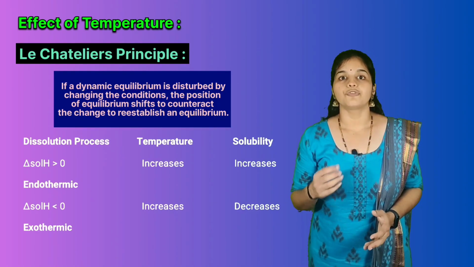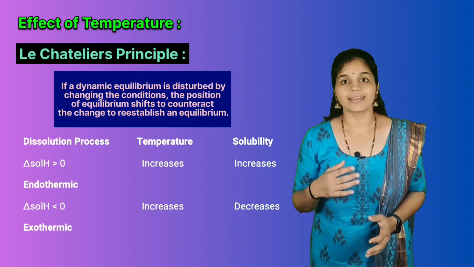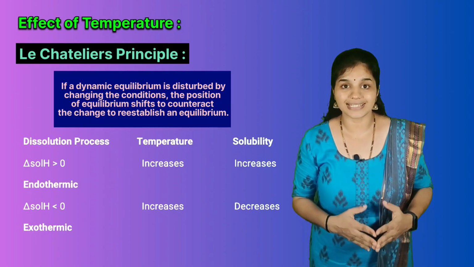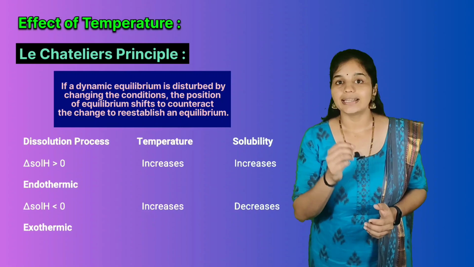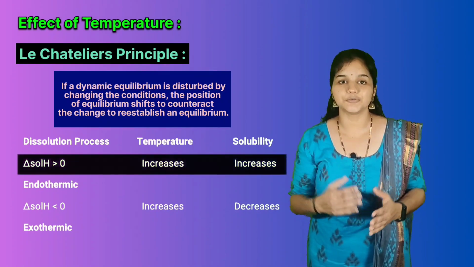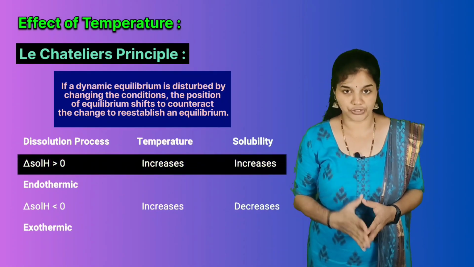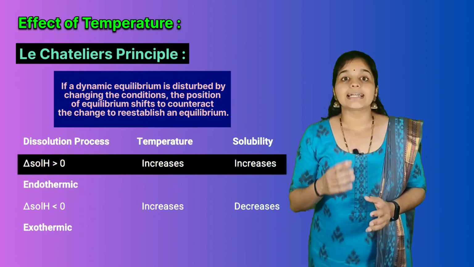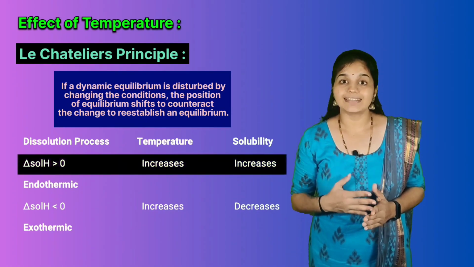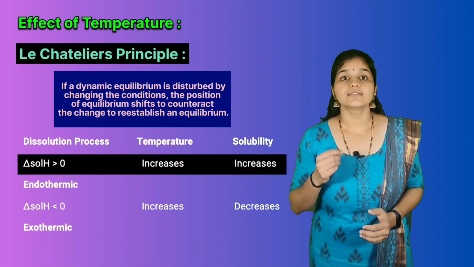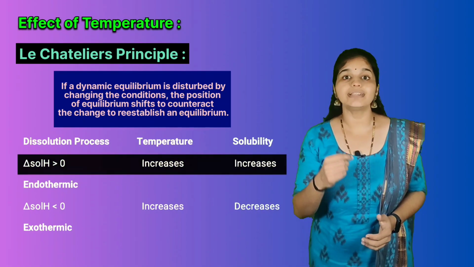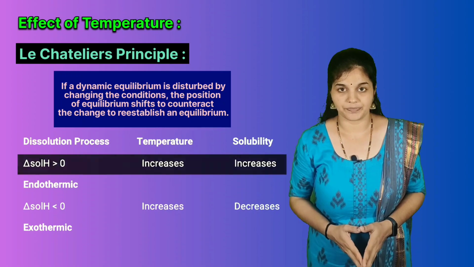In general, for a saturated solution, if the dissolution process is endothermic, that is, if heat is given to the system during dissolution, delta H of solution is greater than 0 in this case. The solubility increases with the increase in temperature.